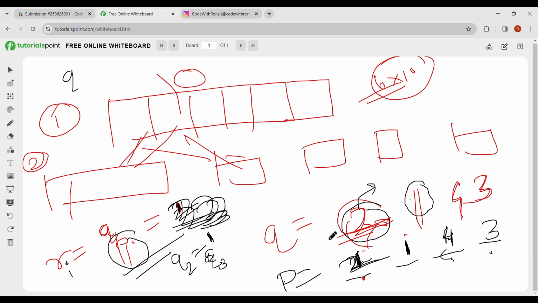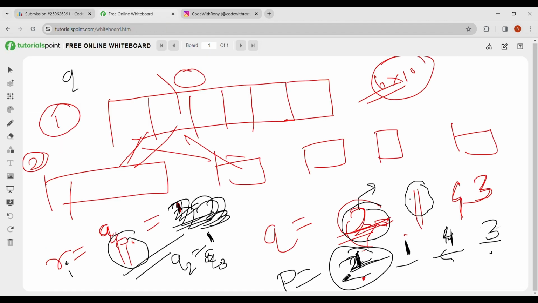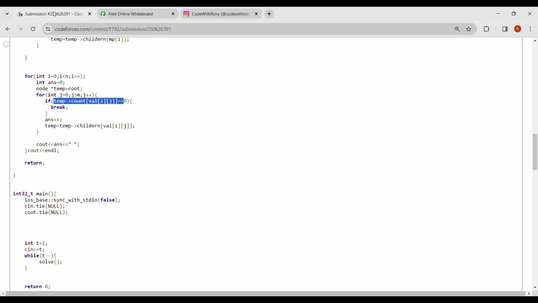So what we will do, we will check whether for first, 2's count is there or not. Like if 2's count is there, like there exists any permutation in which on second position 1 exists. So we already calculated by position. If it is 0, then there is no point to go further. We will break and we will print the answer.